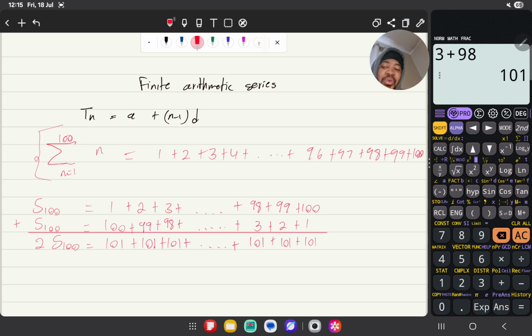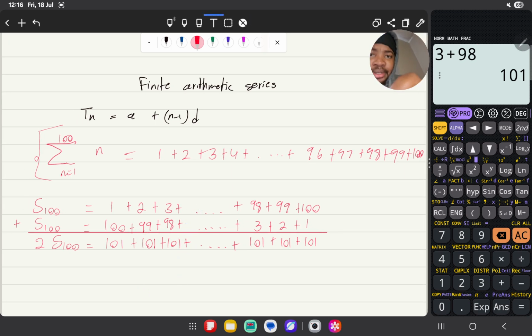When we add these, we get 101 all the way from term 1 to term 100.